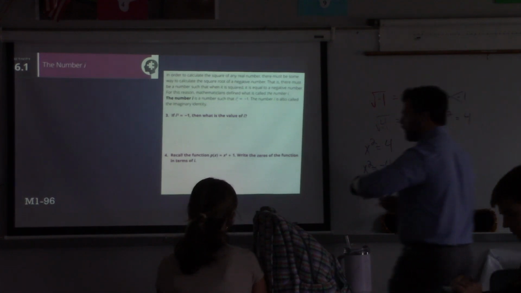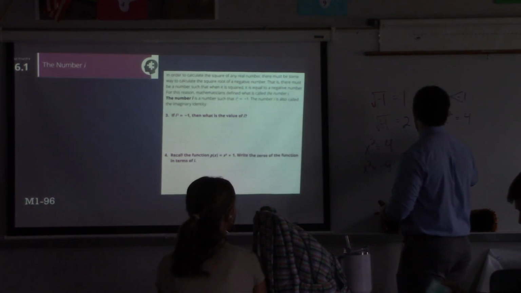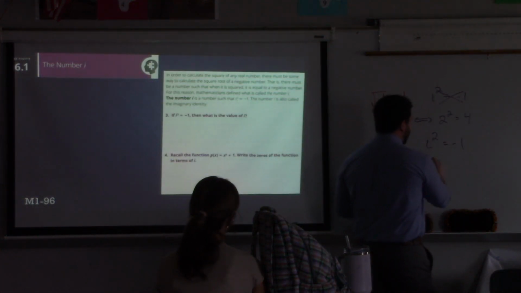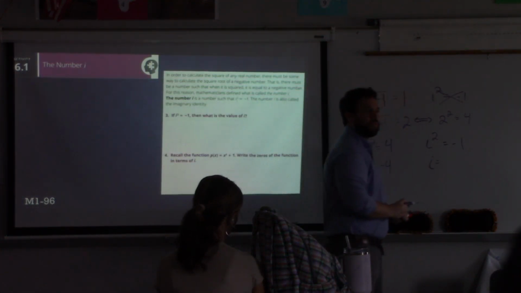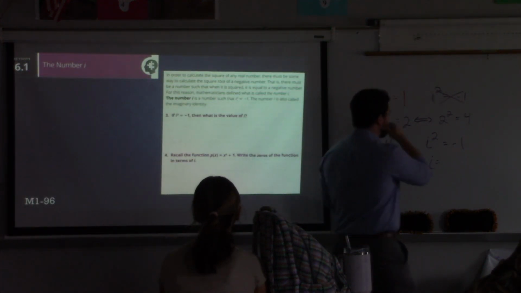Last thing, really quickly. We established this imaginary number. What do we use for imaginary? i. If i squared is equal to negative 1, what would i equal? Not 1. Think about this.